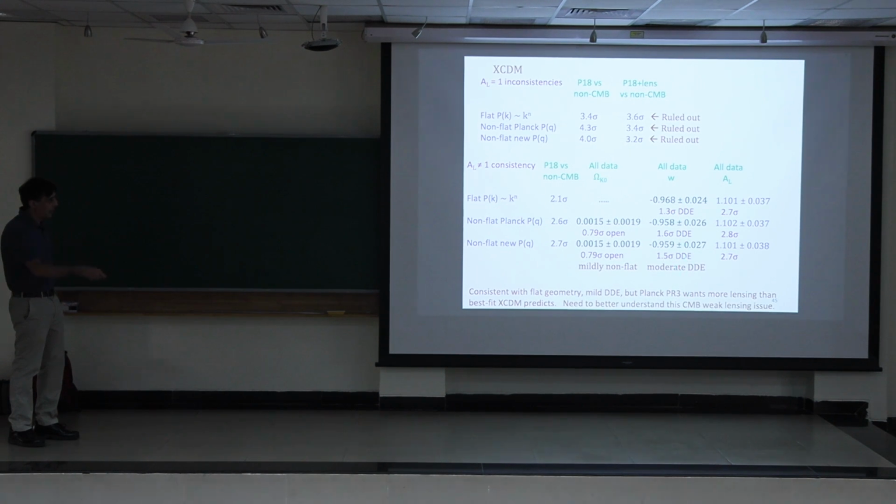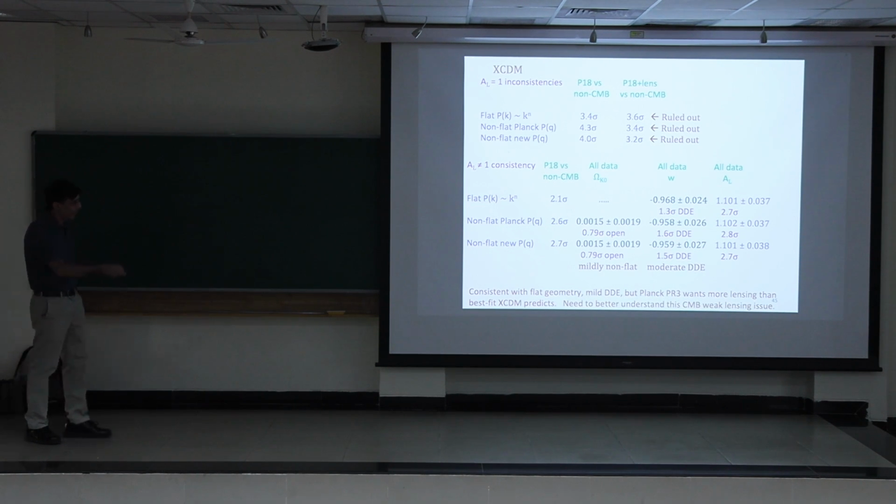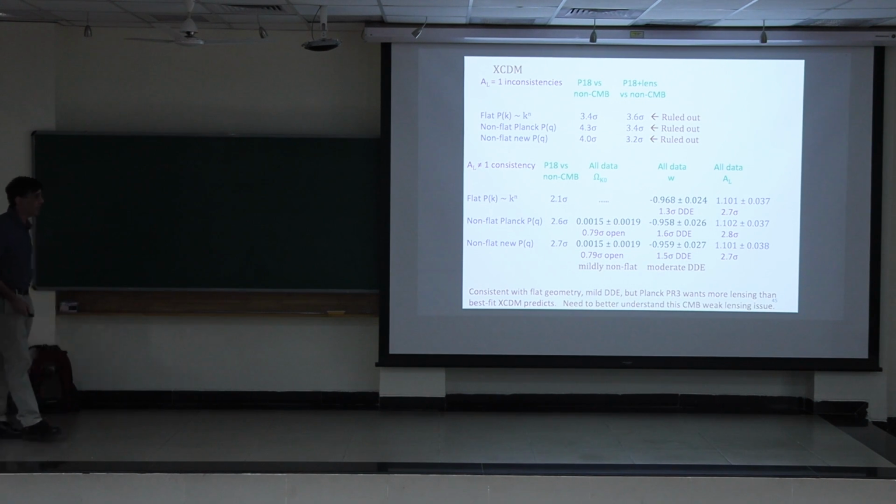So the C sub Ls, the Planck data is being overwhelmed by the non-CMB data in the determination of omega. That's true in most cases when you're doing dynamical dark energy. The non-CMB data, when jointly analyzed with the CMB data, tends to dominate in the determination of omega. But it wants omega quintessence-like at 1.5 sigma significance.